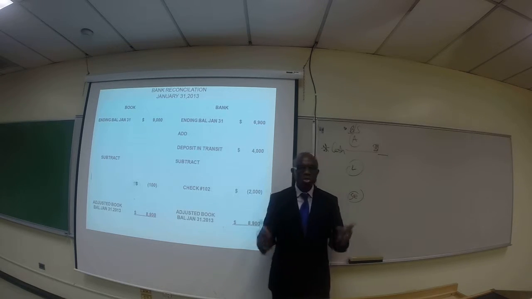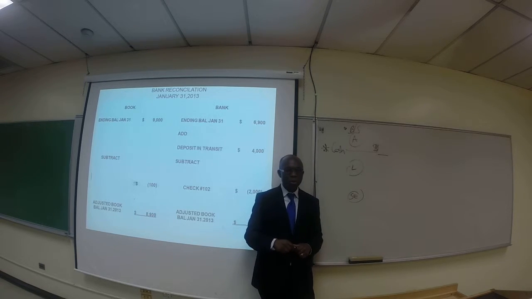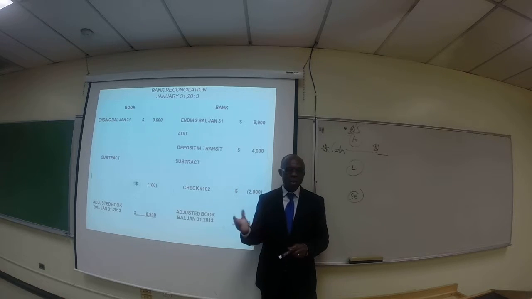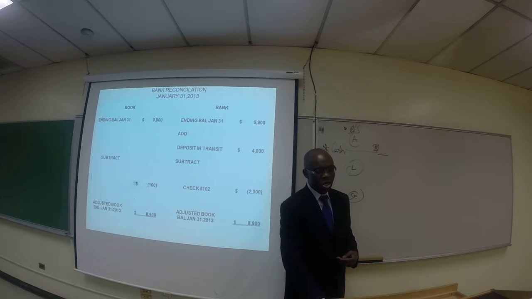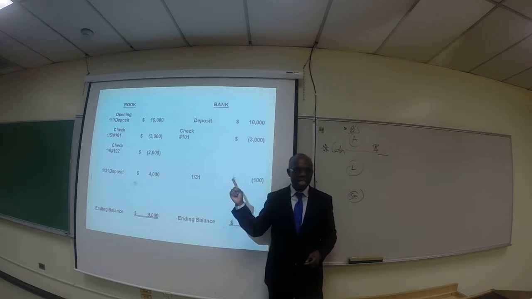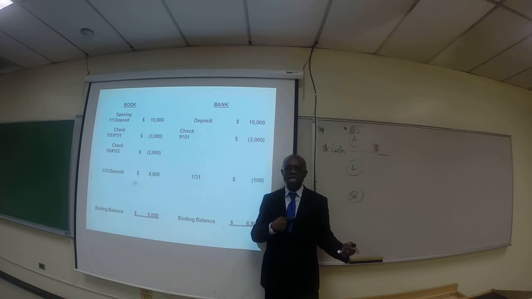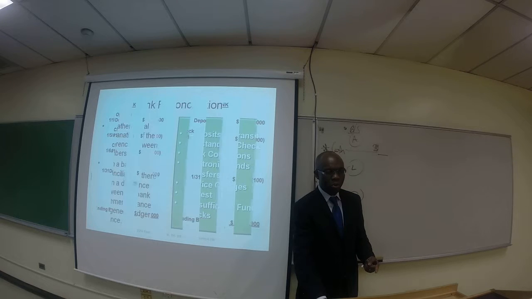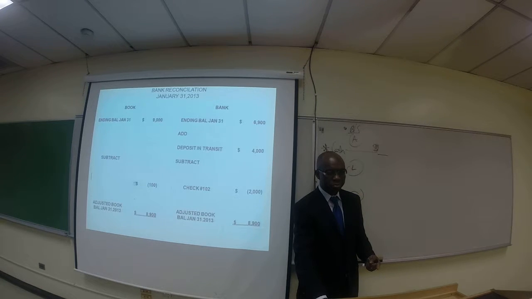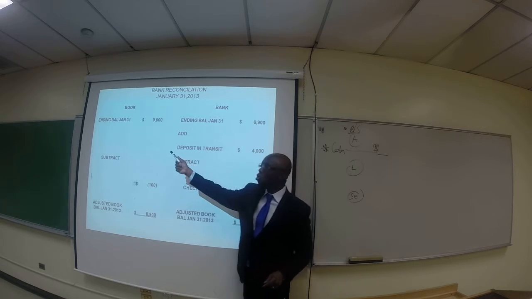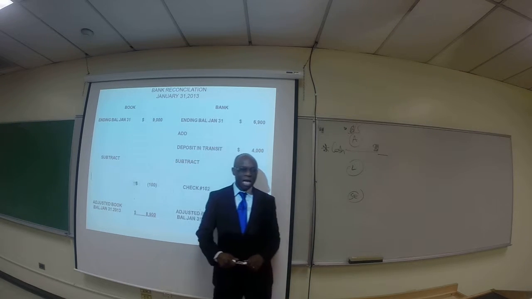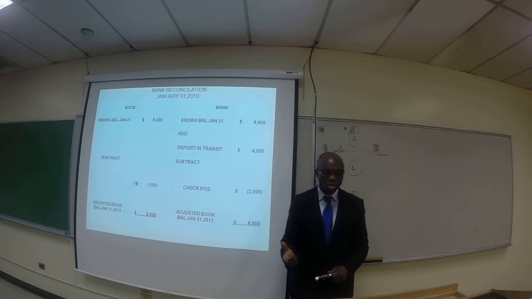So moving along, assuming that we did that, take a look at what happened on the book side. The question is, what did the bank add to their balance that we did not add to our balance? If you look at this slide carefully, there is nothing here that the bank added to their balance that we did not add to our balance. So when we do the bank reconciliation, there is no reconciling item that we need to add to the book.